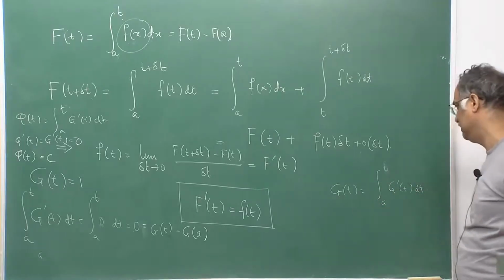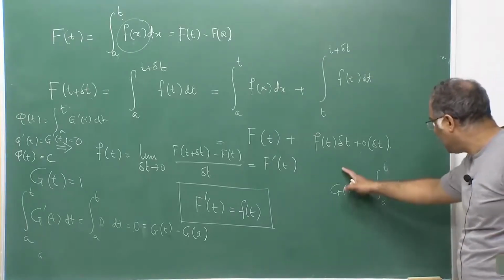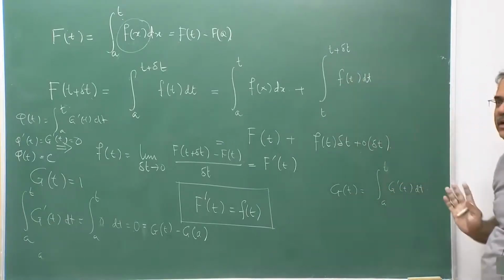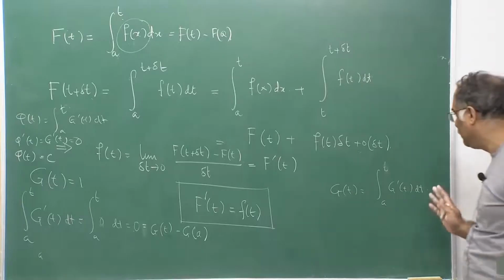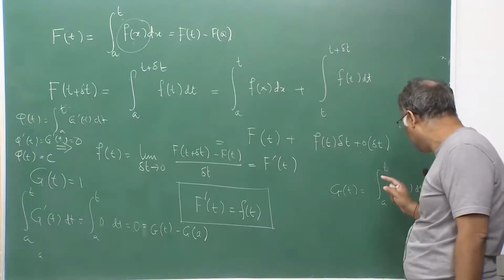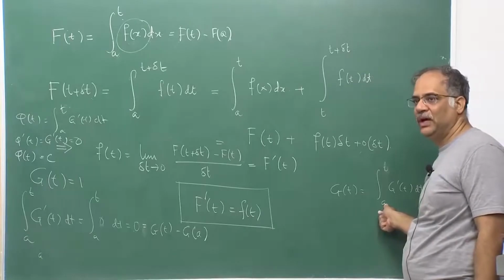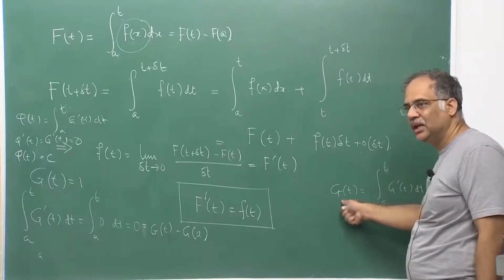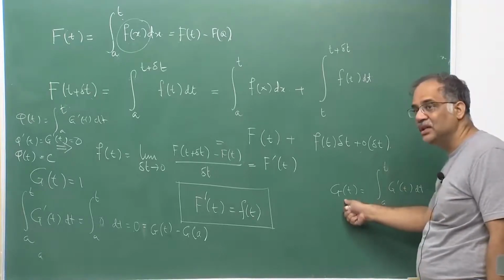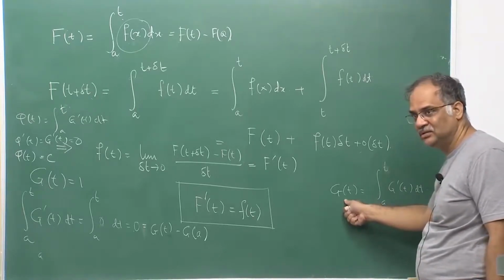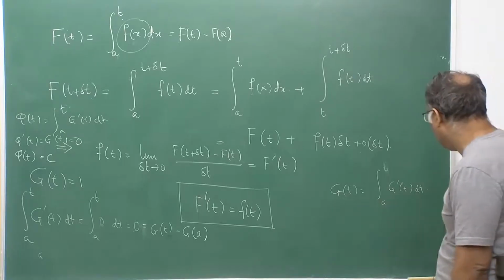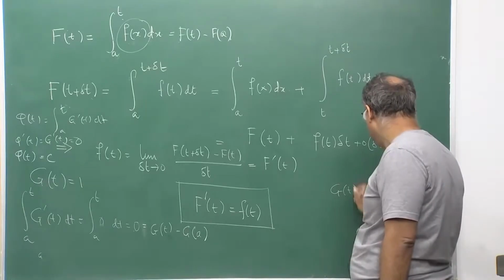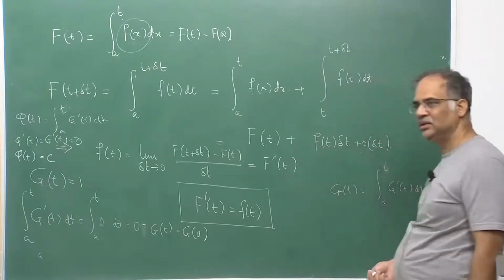So if you write gt like this, G dash t is of course the function. So that function is valid, that result is valid. But if you say that I do not care about the value of G at A, I simply care about the value of G at t, and G dash t is giving me this, that is incorrect. Because if I put A here and GA here, what would be GA?